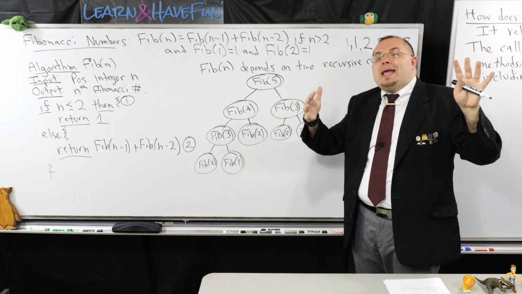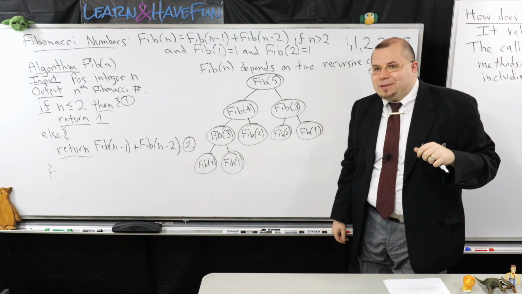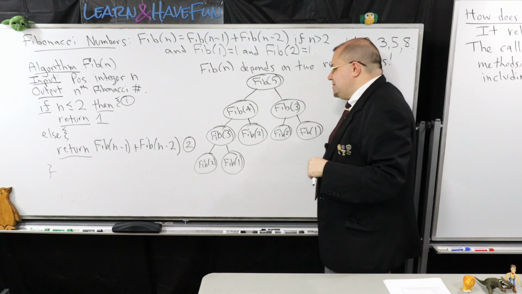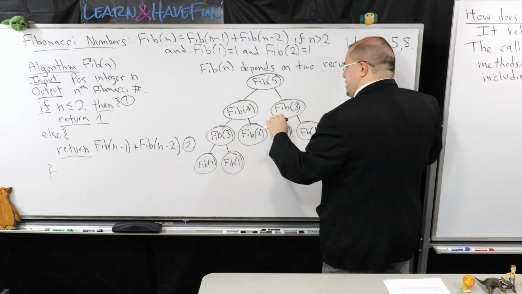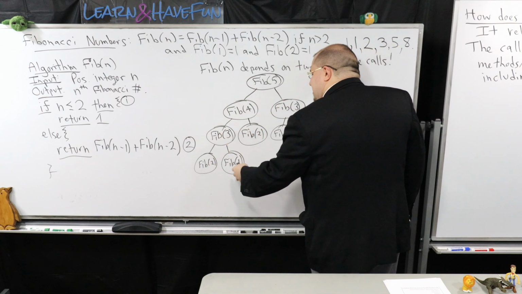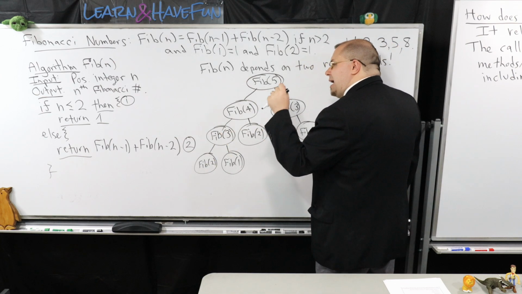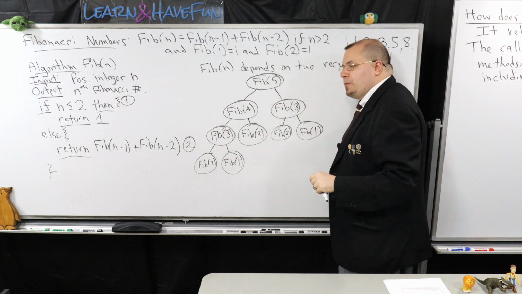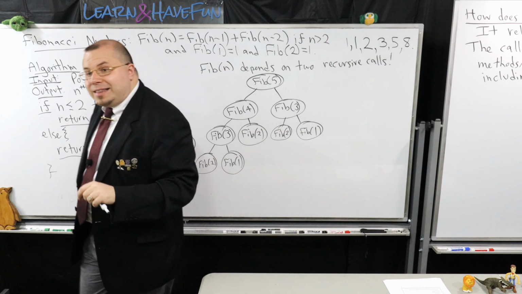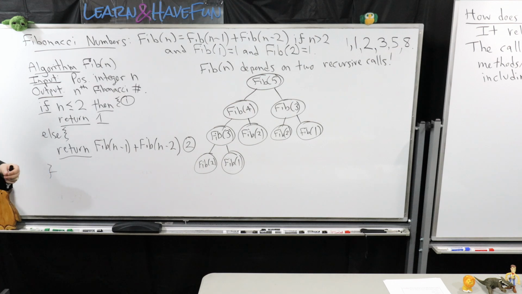But these will all be base cases for my recursive algorithm. So each one of these, I have 2 recursive calls until it either becomes fib of 2 or fib of 1, right? And in that case, I can compute the answer directly.